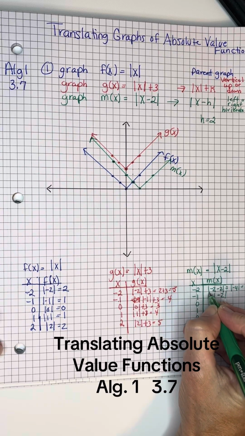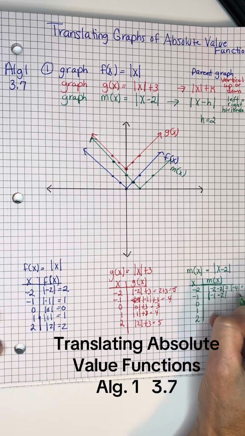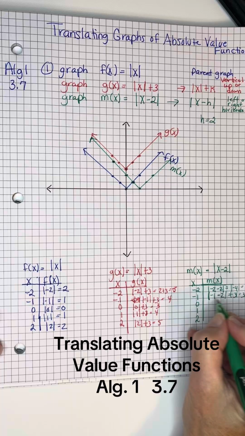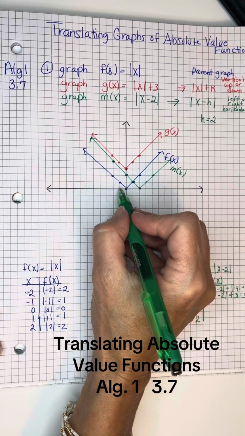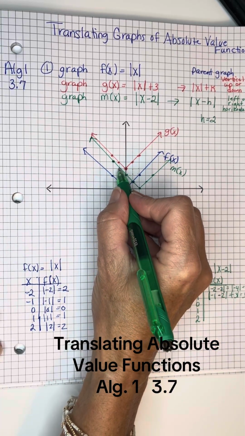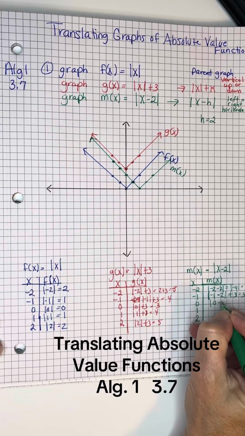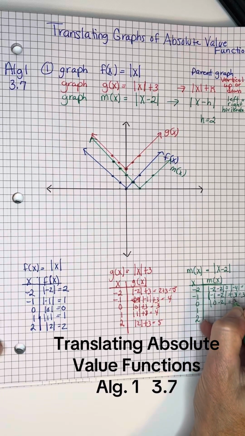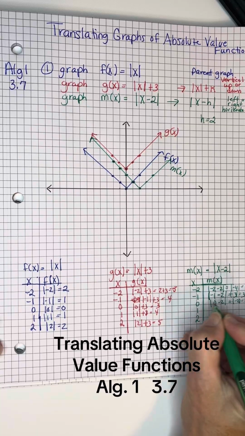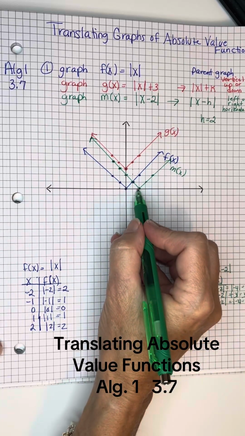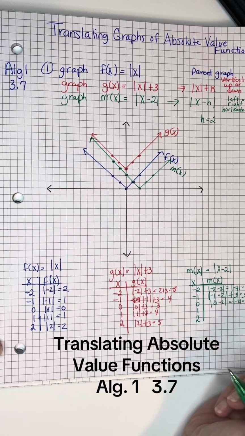The absolute value of -3 is 3. Do I have one at (-1, 3)? There it is. It's not marked, but it's there. The absolute value of 0 minus 2 is the absolute value of -2, which is 2. Do I have one at (0, 2)? Yep, right there. And so forth.